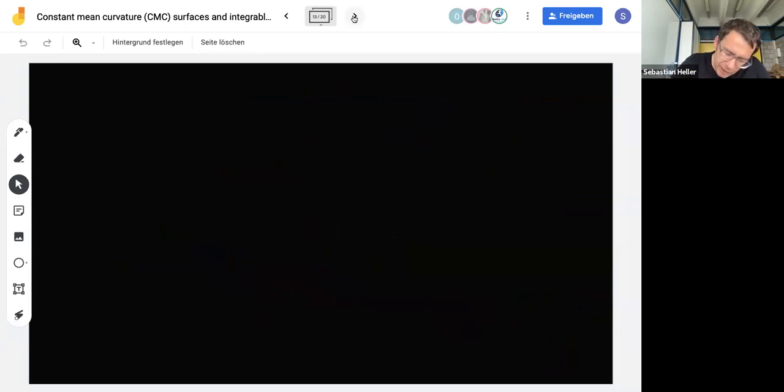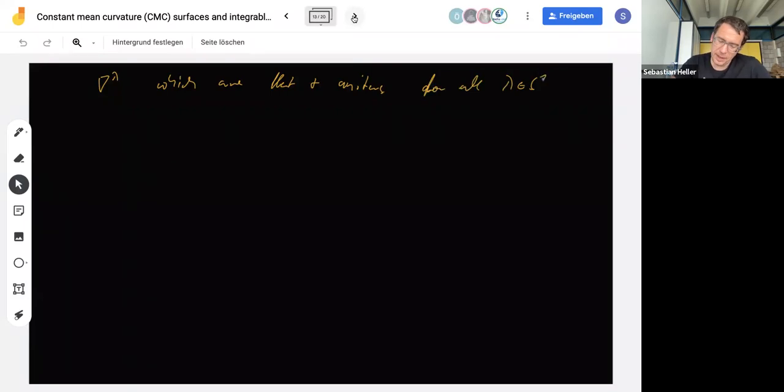Let me just remind you, we have constructed families of flat connections, nabla lambda, which are flat and unitary for all lambda in S1. So if we look at the 0,1 parts, we have holomorphic vector bundles. And then there's the question, is there a connection which can be unitary?